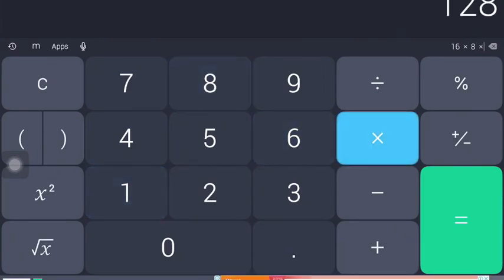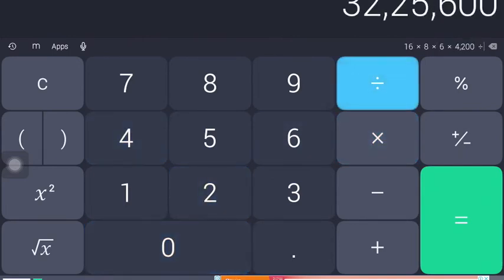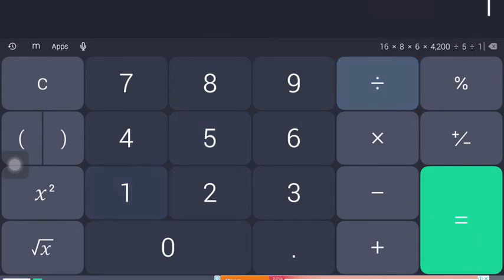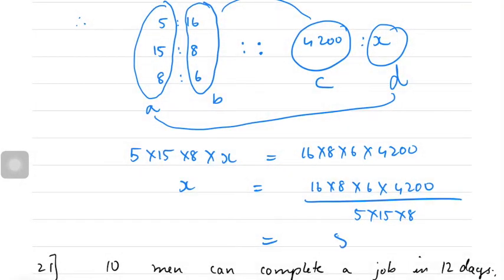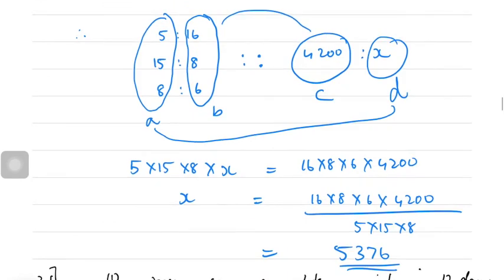So 16 into 8 into 6 into 4,200 divided by 5, divided by 15 and divided by 8. This comes to 5,376.